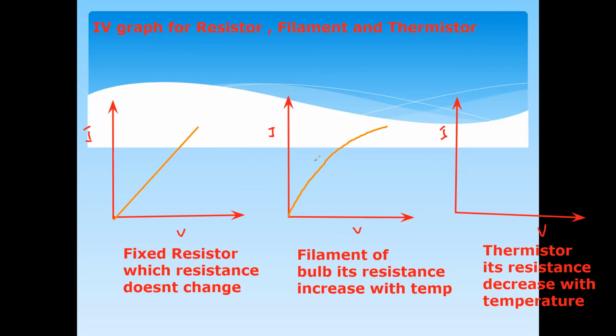Initially the current was increasing much faster, but with the passage of time, as the temperature increases, the resistance increases. So the current is increasing, but the rate of increase of the current is decreasing. Whereas for the thermistor, initially it is a straight line, but as the temperature increases, its resistance decreases. As the resistance decreases, more current starts to flow, so it will go up.